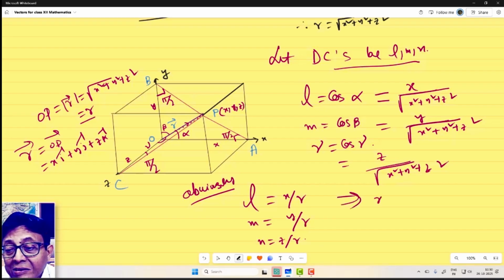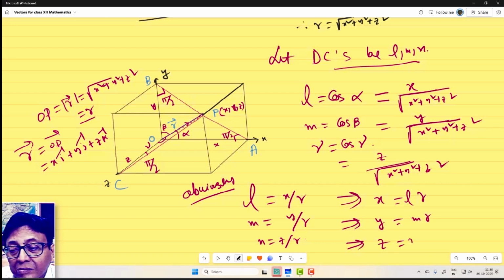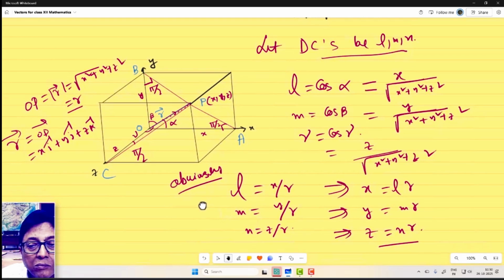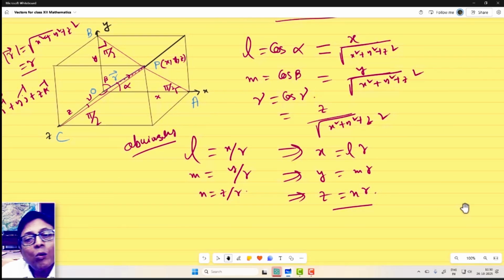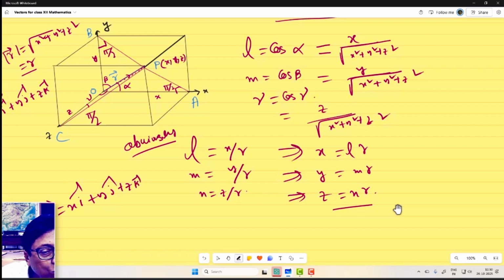So this implies x equal to LR, y equal to MR, z equal to NR. Okay? Now these three quantities x, y and z, or LR, MR and NR, what is x, y, z? Tell me first. If you have taken R equal to xi, yj, zk, then x is taken along the x axis.